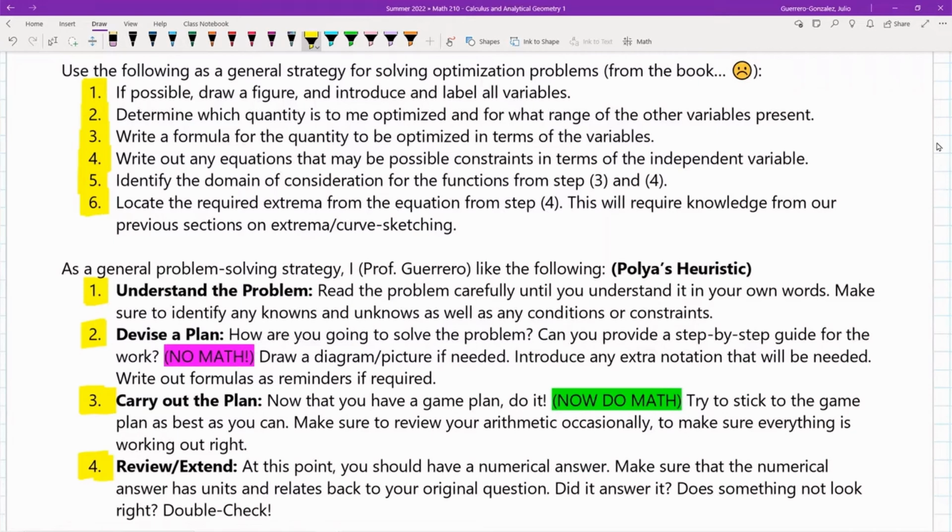So this is Polya's heuristic. And like I said, I think it's much more useful than the one that's above, because the one that's above is only good for section 4.7. Polya's heuristic is good outside of this math class. So what I want to do now is a couple of examples using these problem-solving processes.